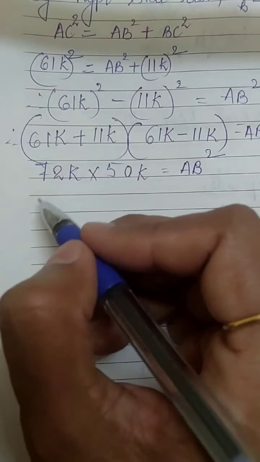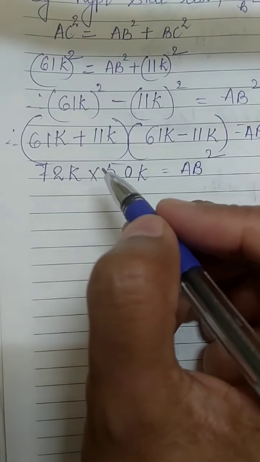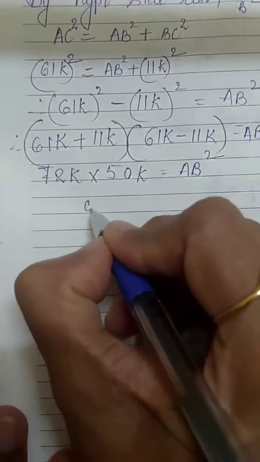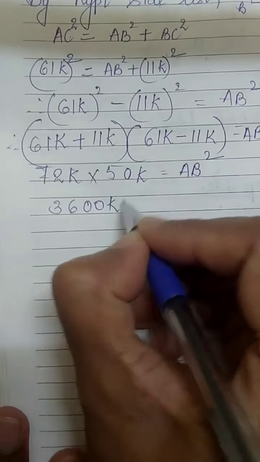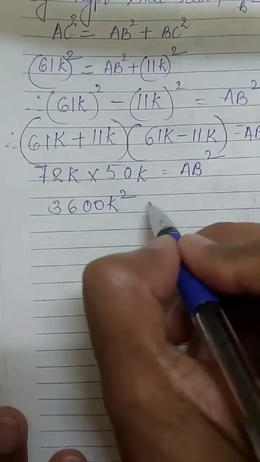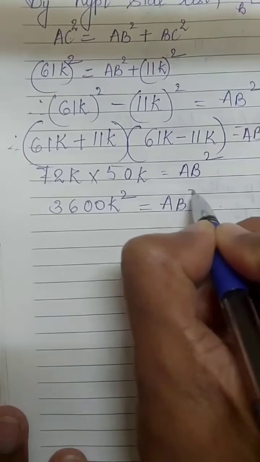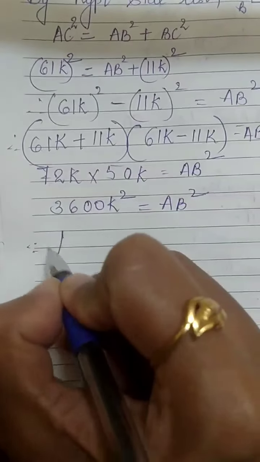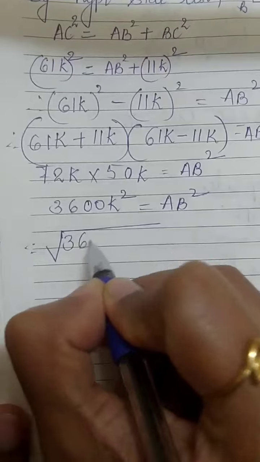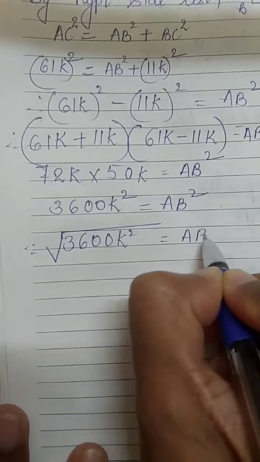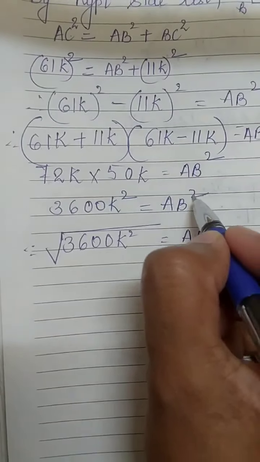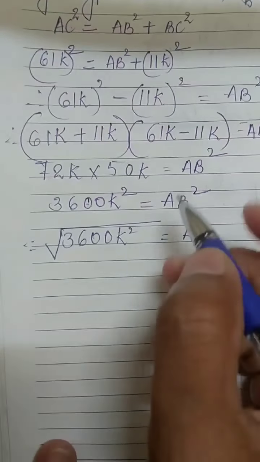Multiply or directly you can factorize, whichever method you want you can use. 5 2s are 10, carry 1, 35, 36 and 0. K into K, K square, and multiply is equal to AB square. So therefore square root of 3600 K square is equal to AB. AB square, so square goes to the opposite side as square root.